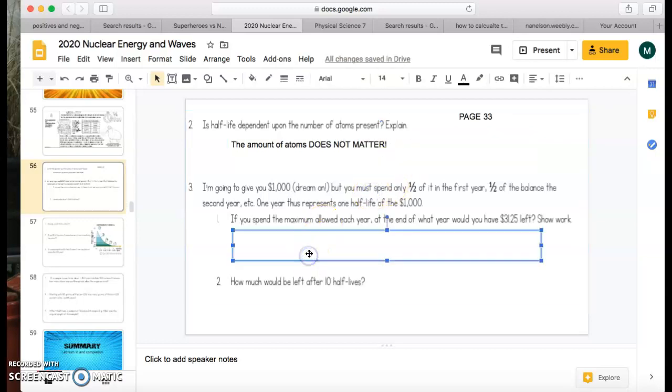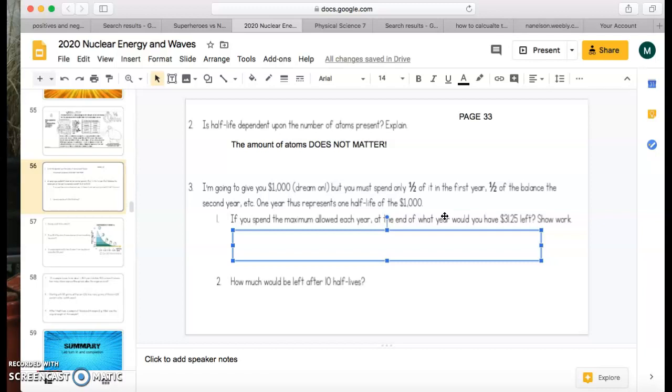Now, for some of you, atoms don't make a whole lot of sense, but money does. So I wanted to give you this example in number 3 to kind of help you visually see what I'm actually talking about. So it says, I'm going to give you $1,000. And you notice this is dream on there because I'm really not going to give you $1,000. But you must spend only half of it in the first year, half of the balance the second year, etc. 1 year thus represents a half-life of 1,000.